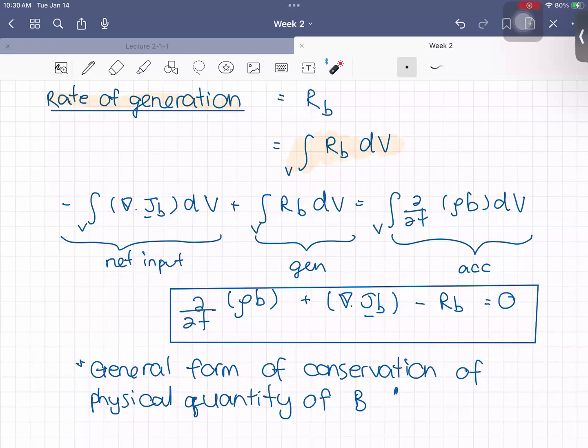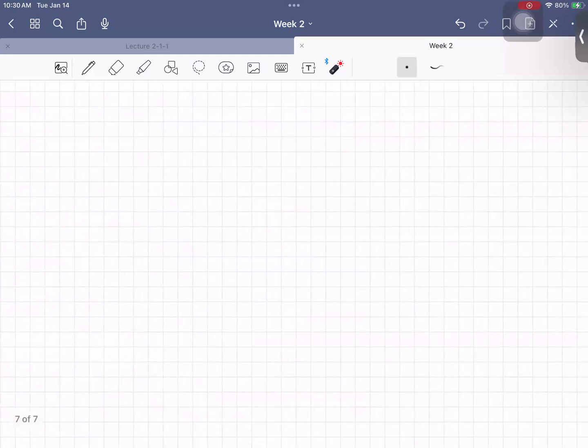Okay, so before this, we have derived the general form of conservation equation shown on this screen here. So we're going to start applying this equation to mass conservation now, or mass transport.